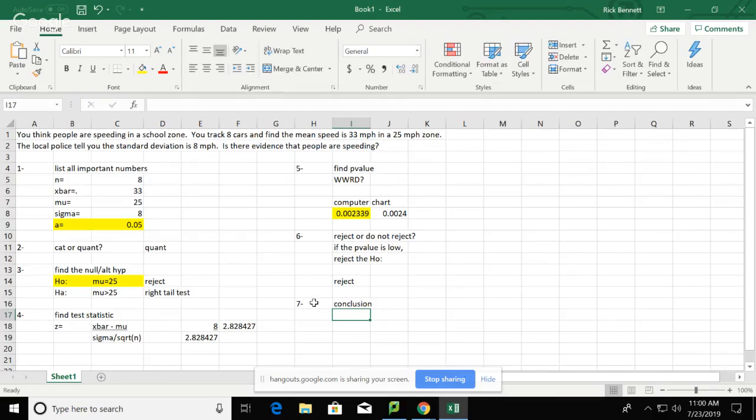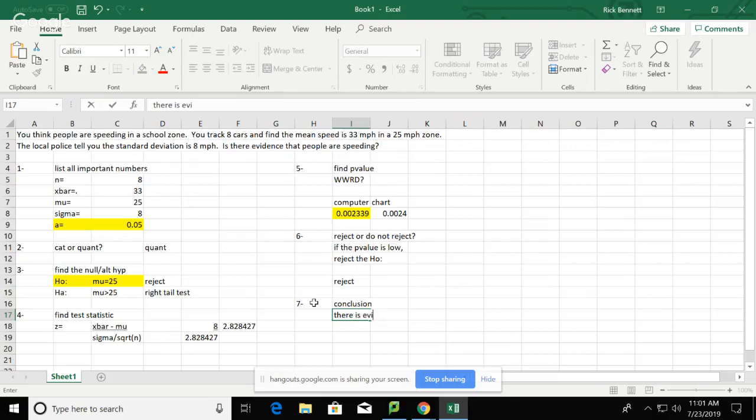What do we conclude, Sandra? She's trying not to use the words that she's not allowed to use. There is not evidence.